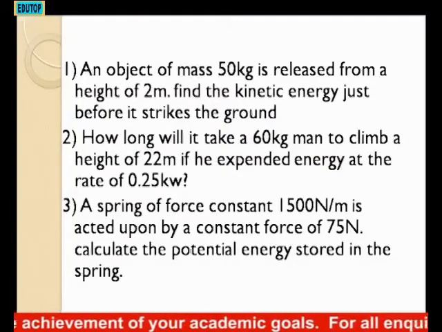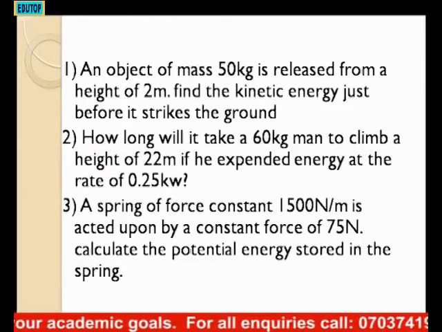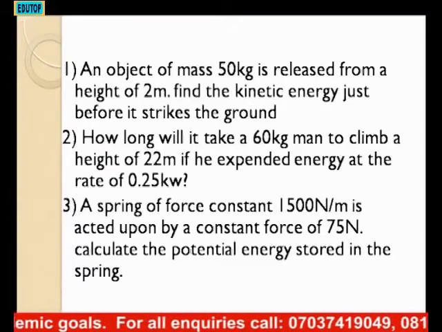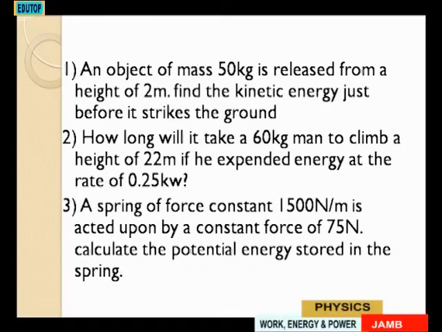Question number 3. The question says, a spring of force constant 1500 Newton per meter is acted upon by a constant force of 75 Newton. Calculate the potential energy stored in the spring.